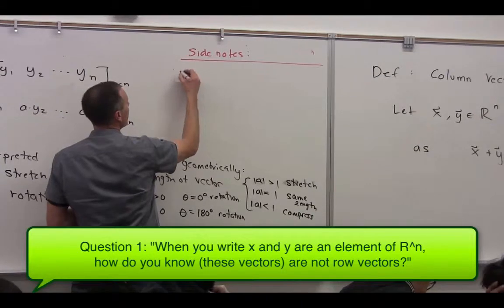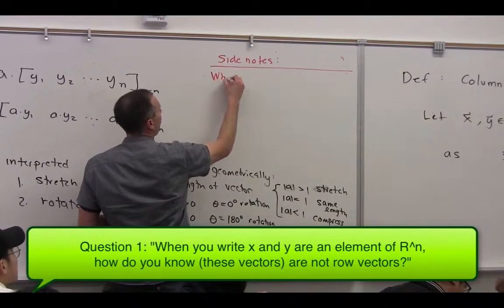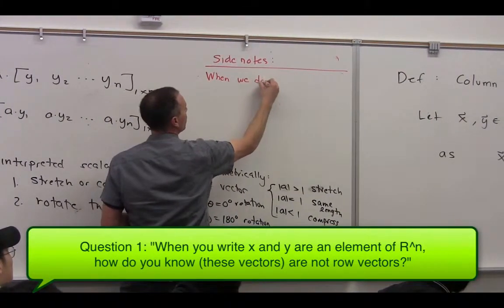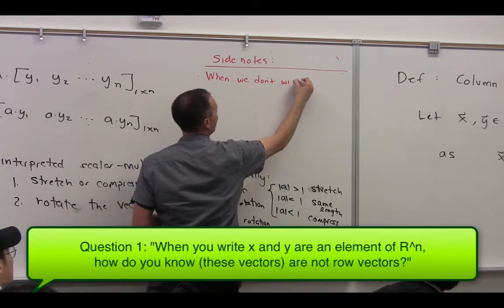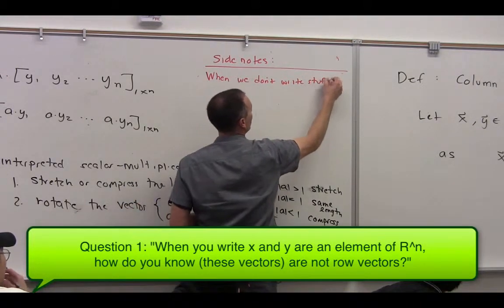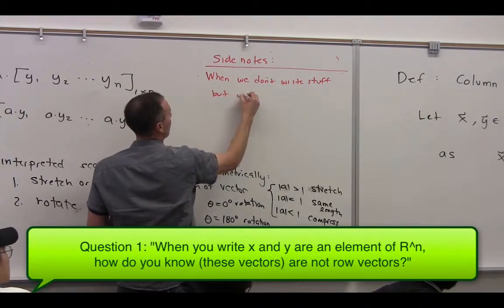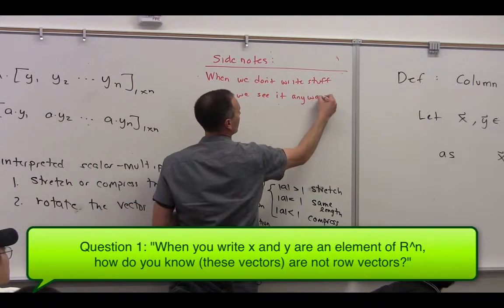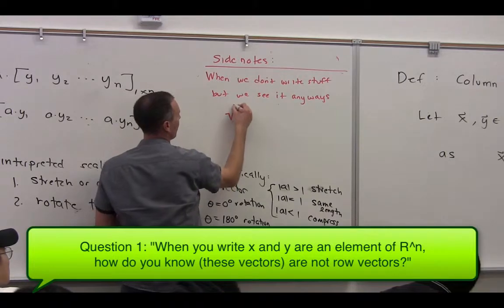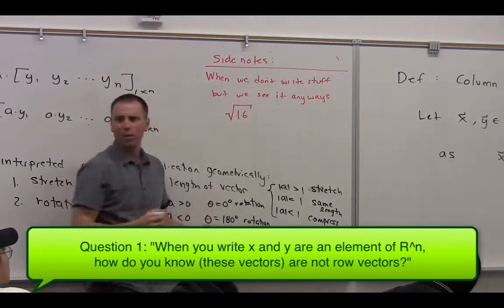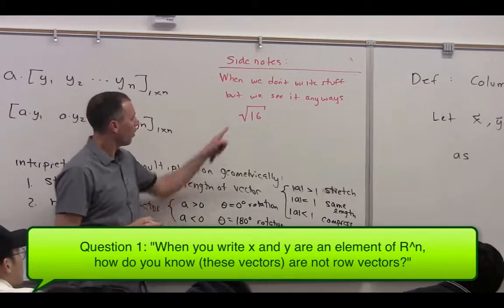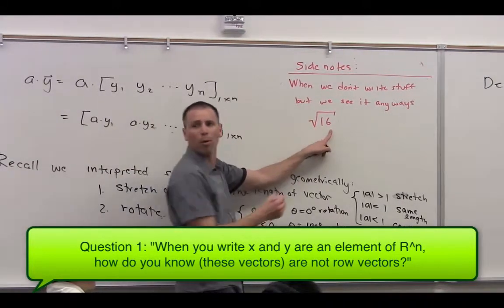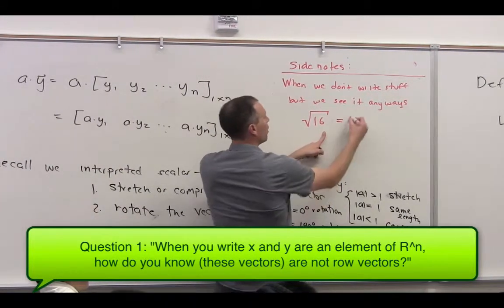So do you remember when we don't write stuff, but we see it anyways? Okay. So I forget your name. I remember meeting you at least once. Chris. What's the output of that? 4. Okay.